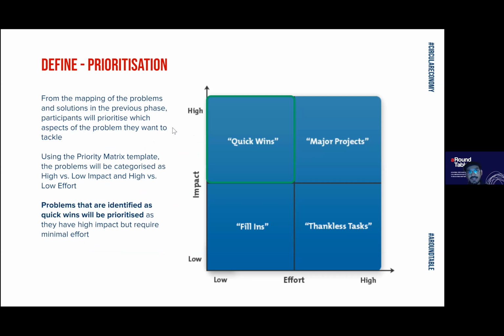And in this step, it's really to take a look at all of the problems and solutions that have been mapped in different communities, and to understand which of those problems will have the most impact with the least amount of effort.